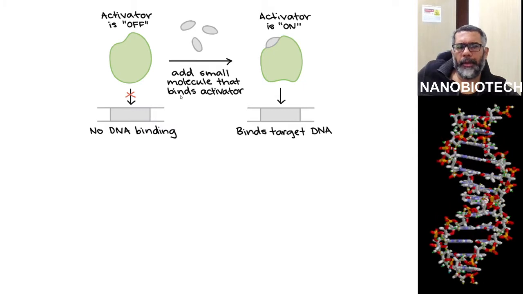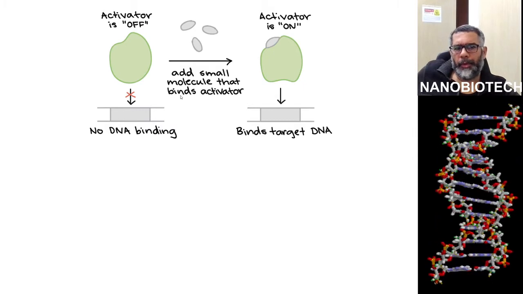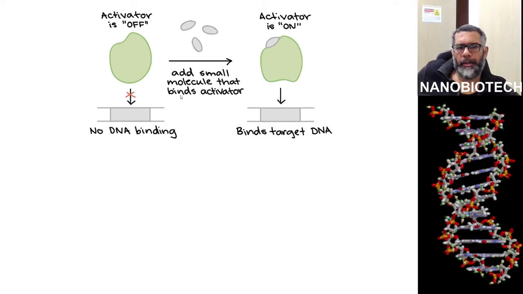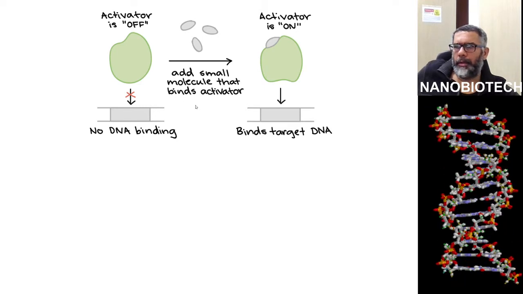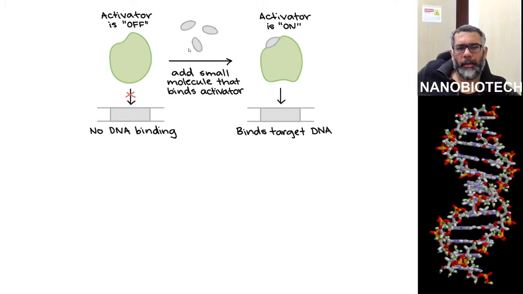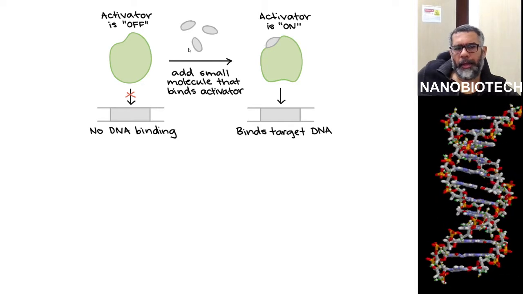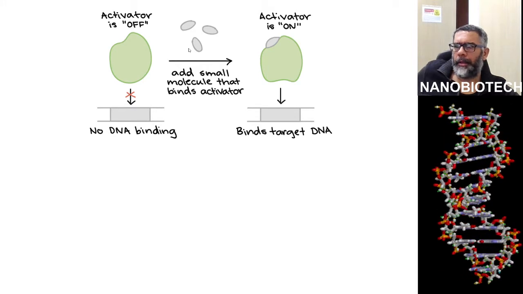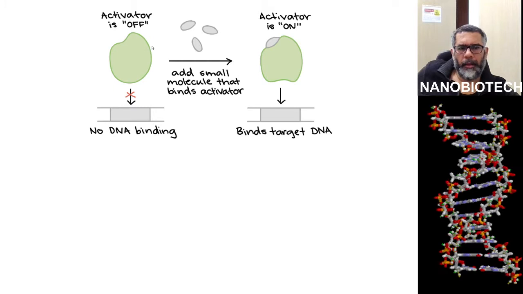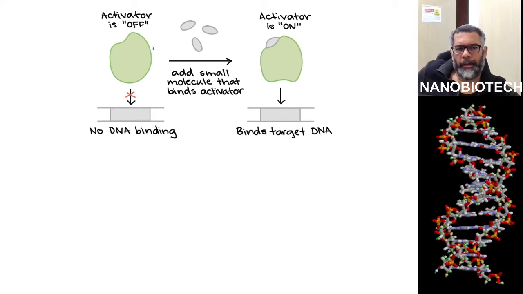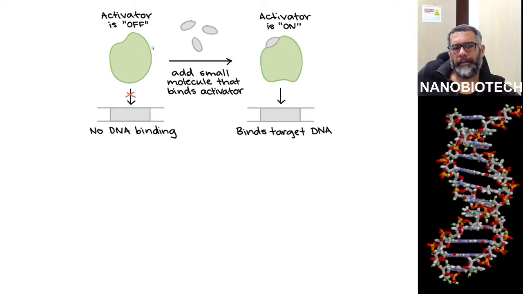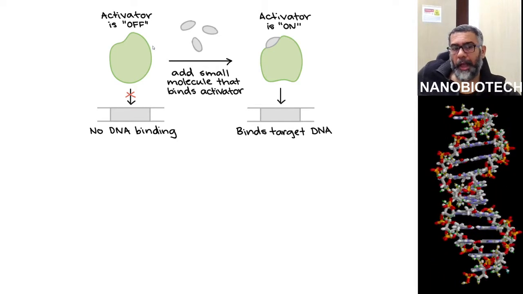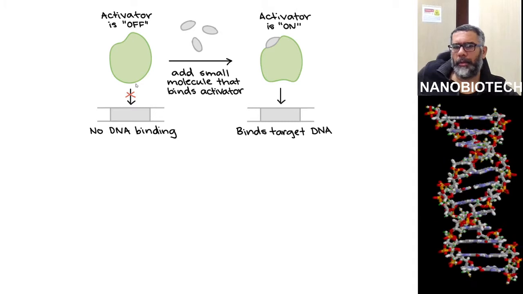Many regulatory proteins can themselves be turned on or off by specific small molecules. The small molecule binds to the protein, changing its shape and altering its ability to bind DNA. So for instance, an activator may only become active, able to bind DNA, when it is attached to a certain small molecule.